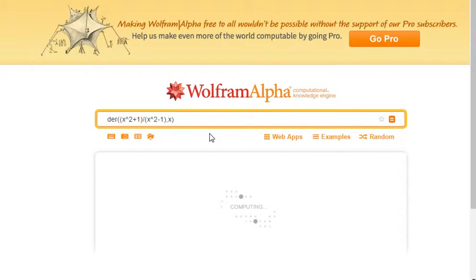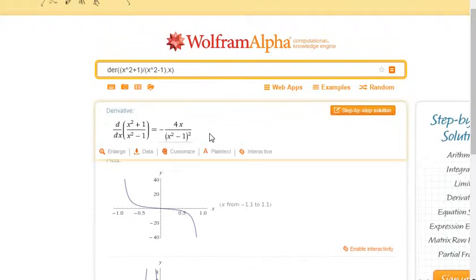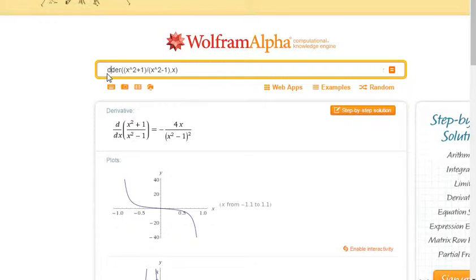So this should be the first derivative. I'm going to show you a way that I cheat to get the second derivative. For the second derivative, I just type in derivative, parenthesis, and then comma x. So I take the derivative of the derivative. I'm cheating. Some people call it laziness. I prefer to think of it as economy of movement. Yeah, efficiency.